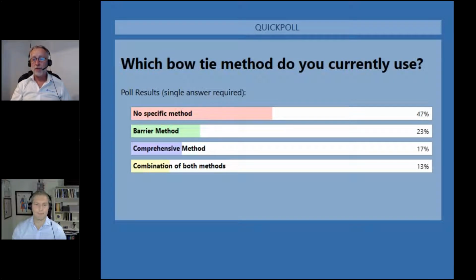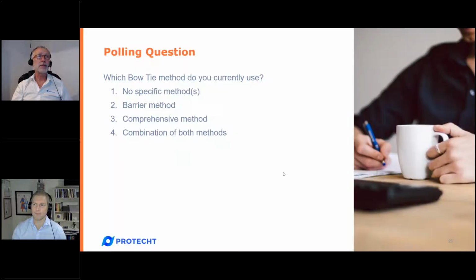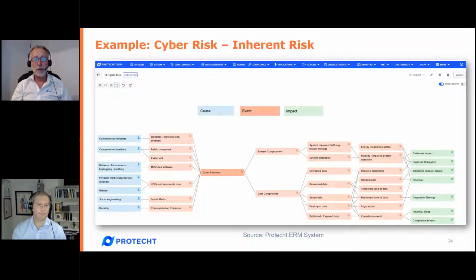So I thought I would leave this section with an actual example, and I'm going to just hide my screen. And this then gives you a snapshot of one based on cyber risk. Now, I'm not going to go through the detail. We are going to be supplying you with the presentation and the recording, so you can go through that in your own time, but that is a classic kind of cyber intrusion risk bow tie.